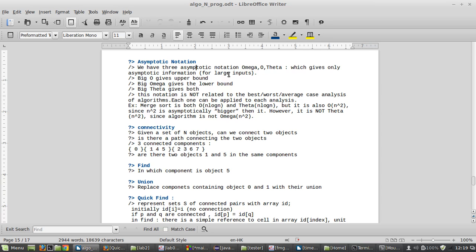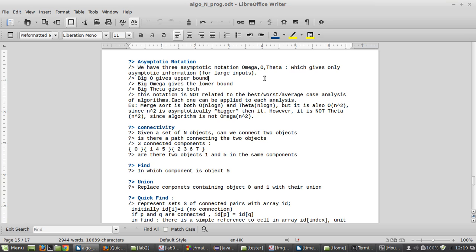Okay, now we have asymptotic notation. There are 3 asymptotic notations, and these are for larger inputs, that is, if the size of the problem is large.